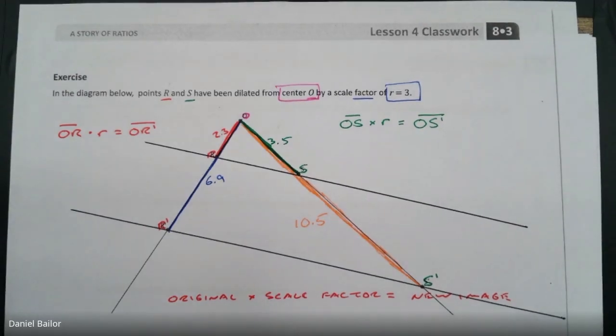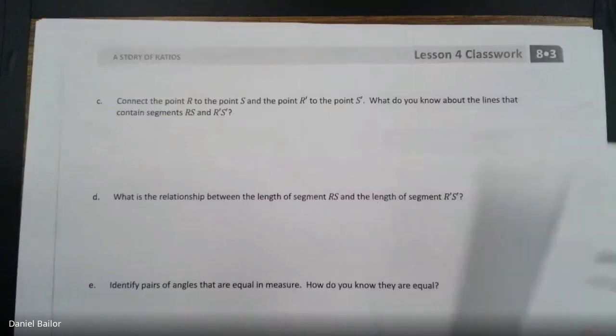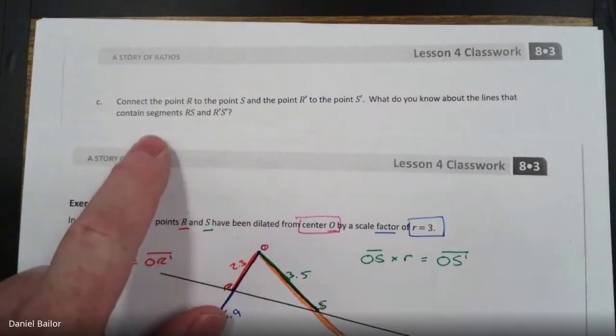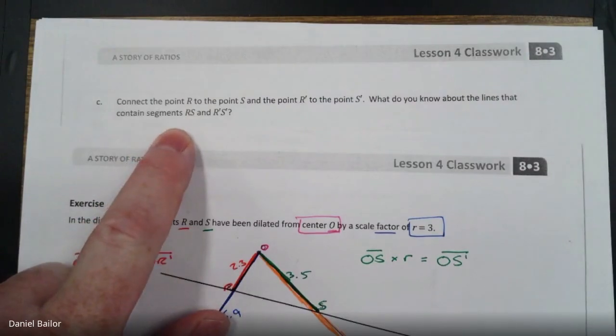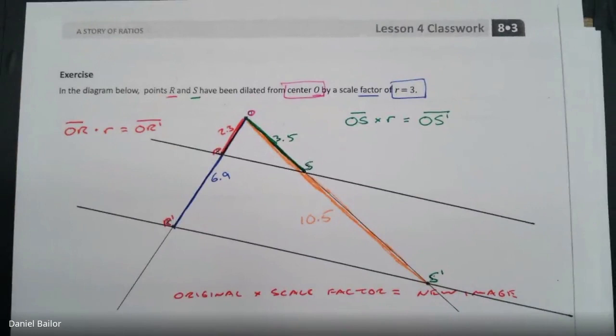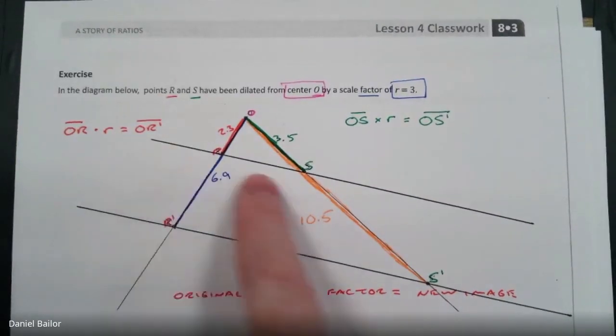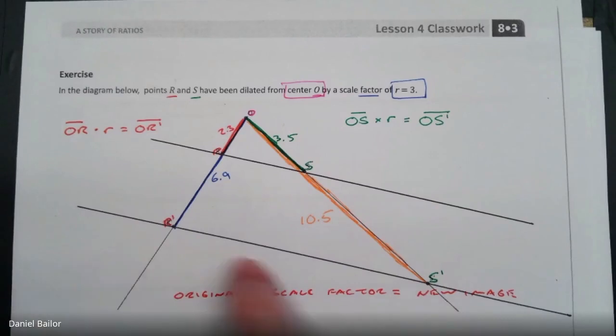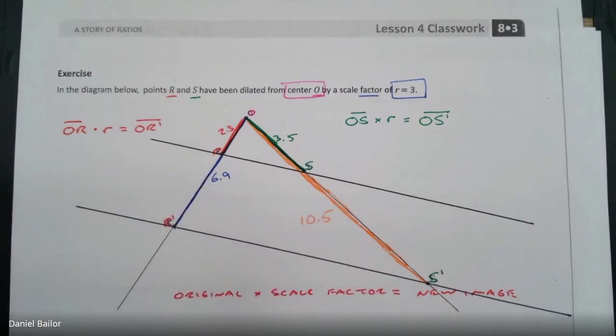Okay, what does it want us to do now after we connected them? What do you know about the lines that contain the segments RS and R prime S prime? So what do we know about these two lines that we just drew, these two black lines I just drew? Think about it. What do you notice about those two lines? What is the relationship between those two lines?